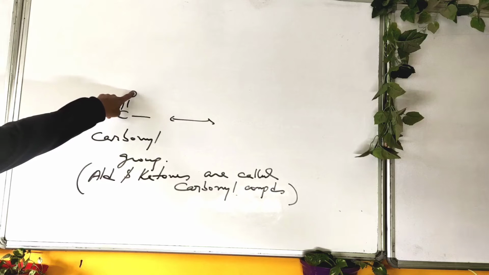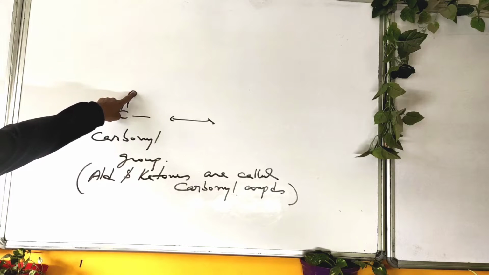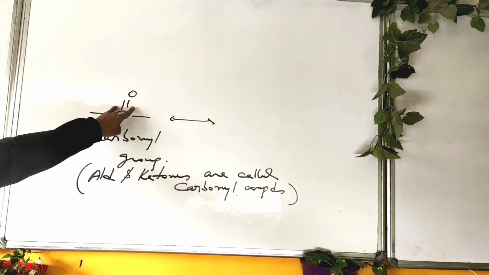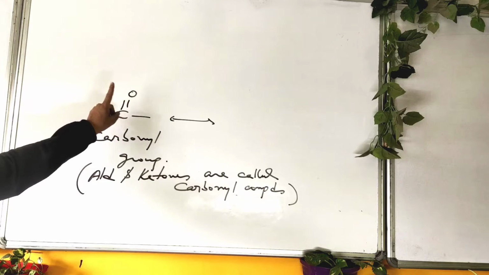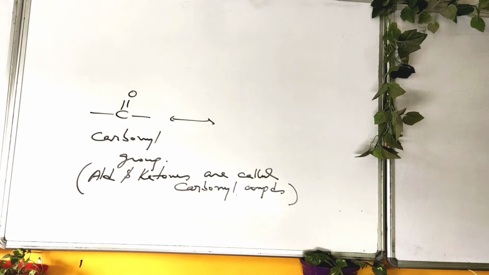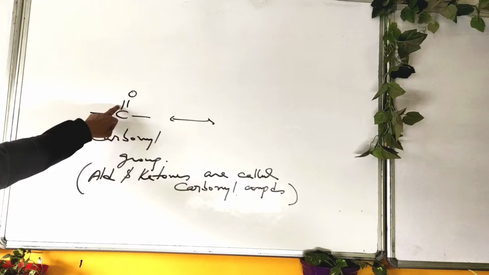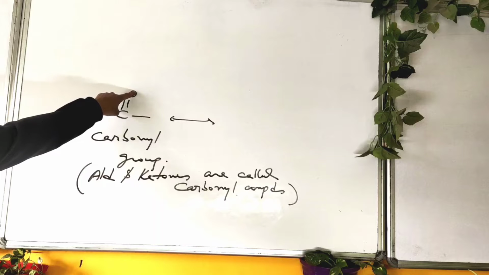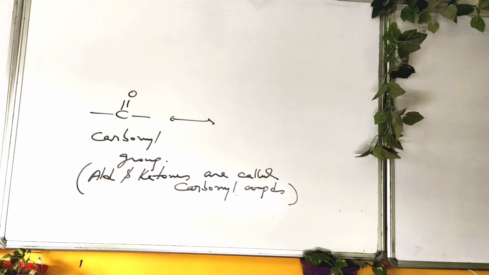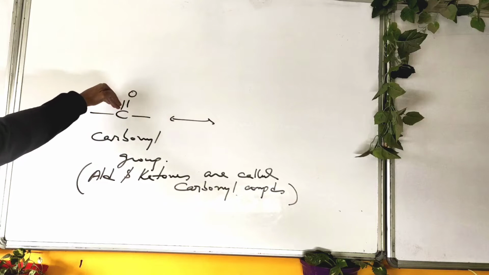Due to being more electronegative, oxygen attracts one pi bond. You know that a double bond contains one sigma bond and one pi bond. A triple bond contains one sigma and two pi bonds. As the pi bond is very weak and can easily be delocalized, due to the higher electronegativity of oxygen, oxygen attracts the bonding electrons of the pi bond towards it.